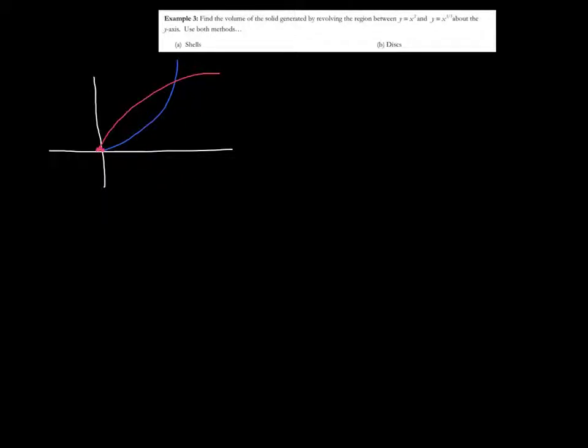And then when x is 1, 1 squared is 1, and the cube root of 1 is also 1. So they're going to intersect at the point 1, 1. All right, so let's put that in there.